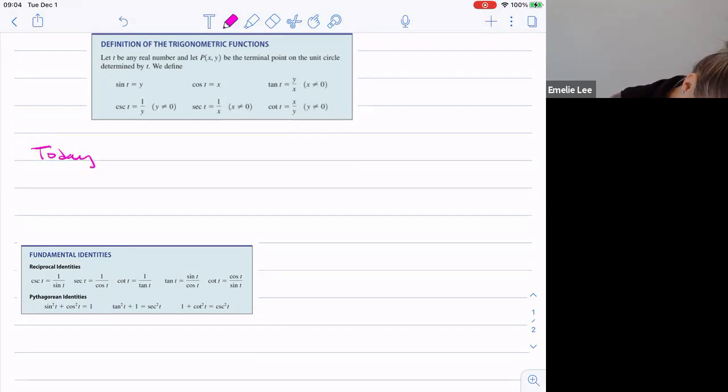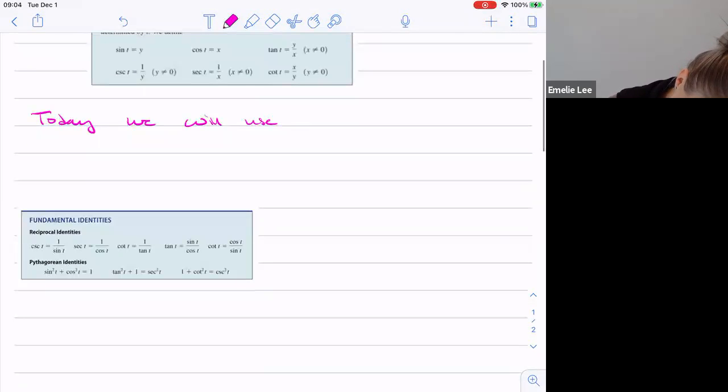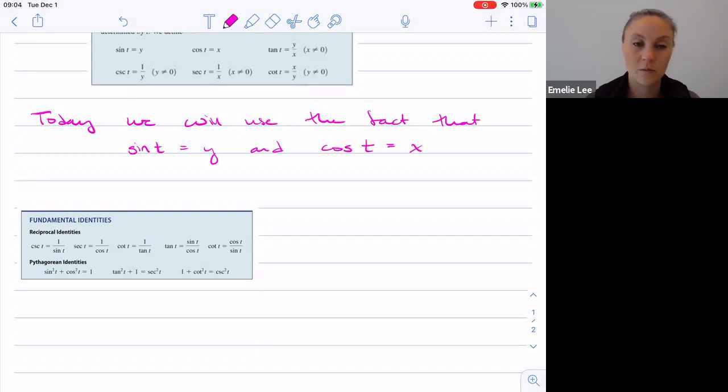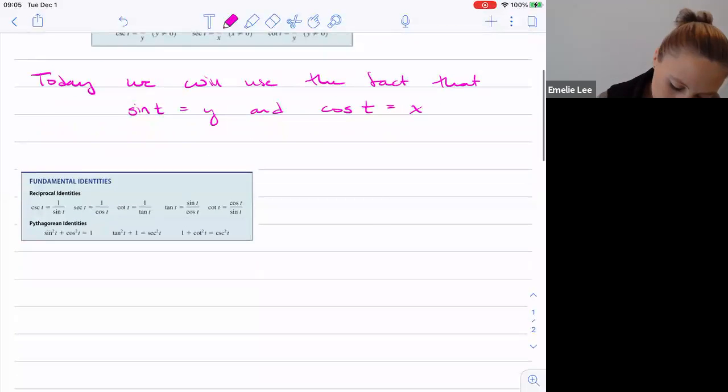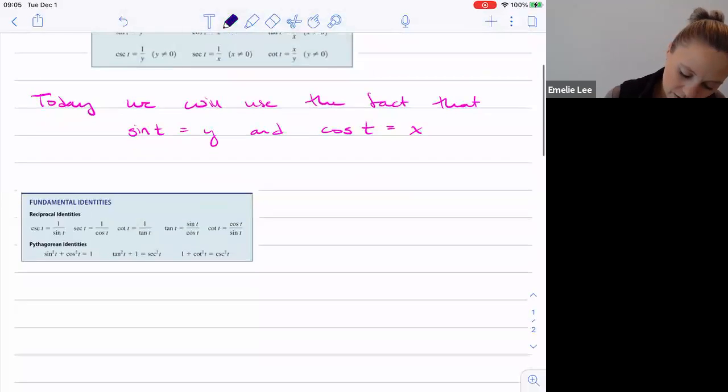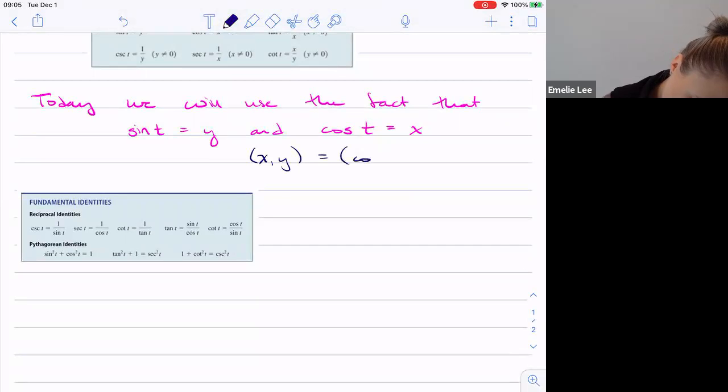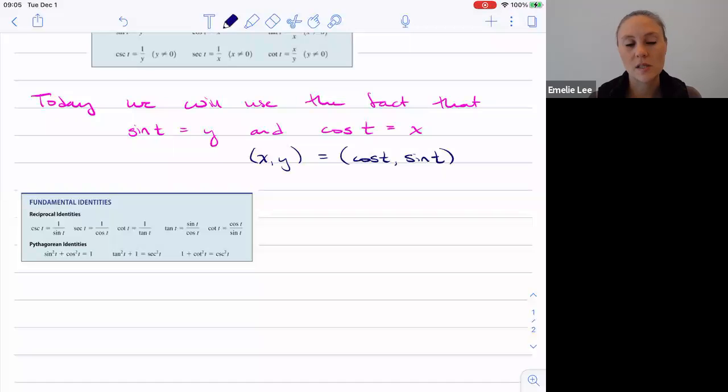Today we will use the fact that sine t equals y and cos t equals x. We're going to use that a lot. Okay, so that's something to remember. Or if you want to think about it as an ordered pair, x, y is cos t, sine t.